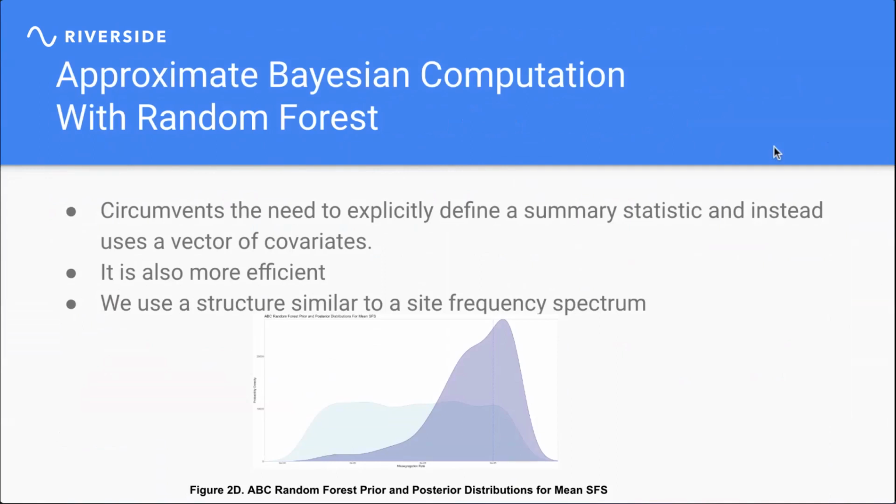We then decided to utilize a variant of approximate Bayesian computation that utilizes random forests, which circumvents the need to explicitly define a summary statistic and instead uses a vector of covariates. It's also more efficient because it doesn't throw away simulations, but rather weights them all differently to calculate this posterior. And we used a structure similar to a site frequency spectrum by averaging the columns of these copy number tables.